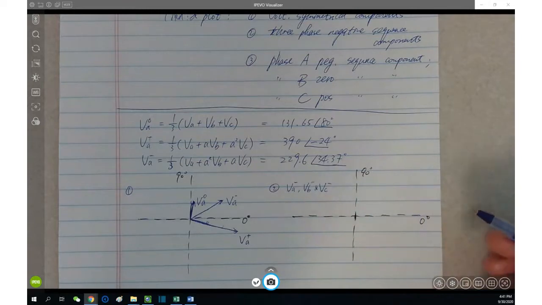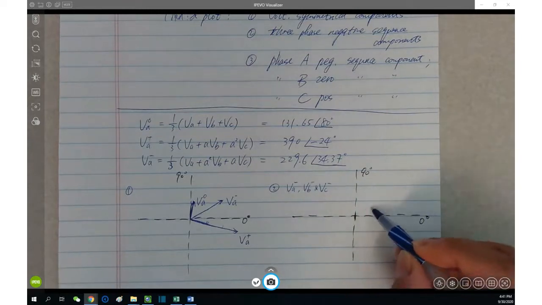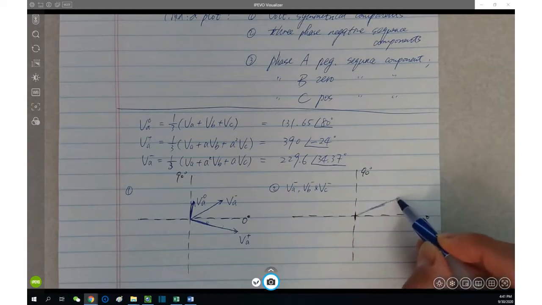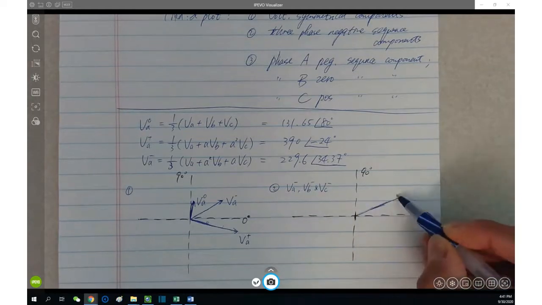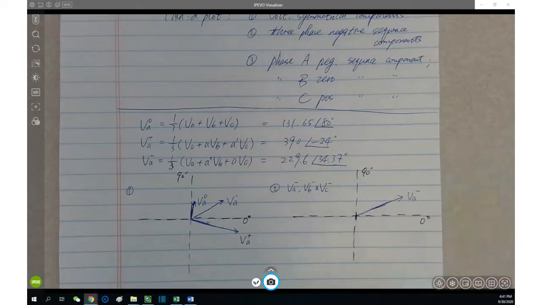So we got this guy over here, VA minus. And we know this angle is basically 34 degree, right?